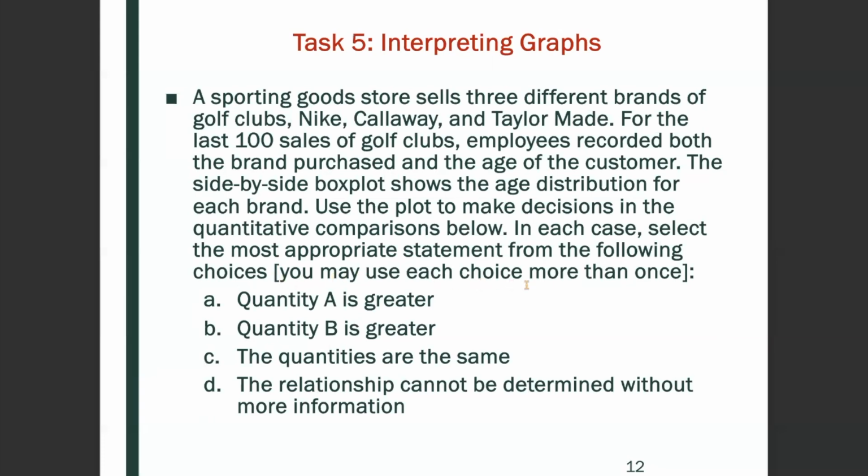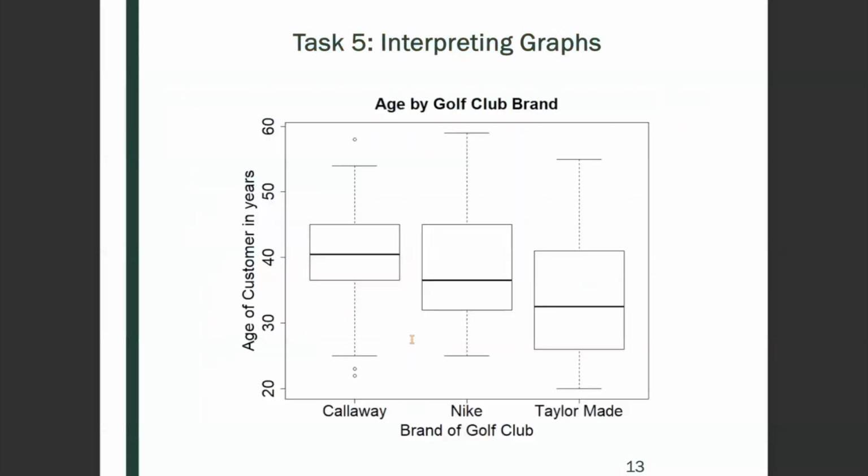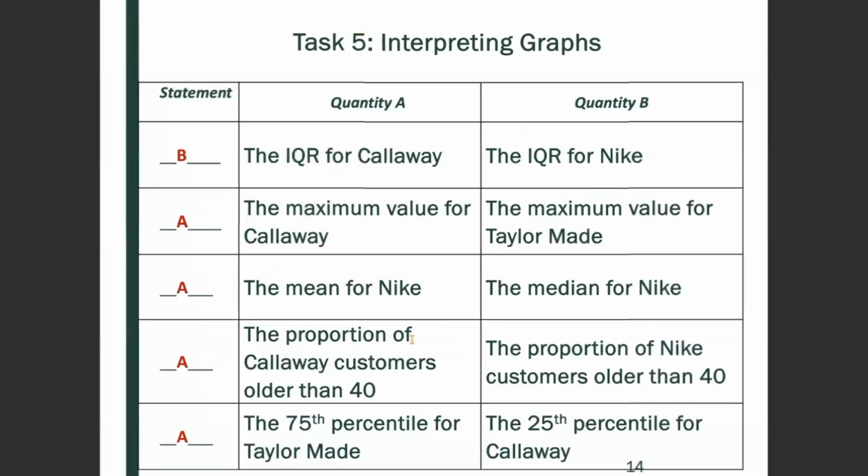You may use each choice more than once, so we'll have to decide whether quantity A is greater, quantity B is greater, the quantities are the same, or if the relationship cannot be determined without more information. So here are what the box plots look like. And so here are the different quantities we're comparing.